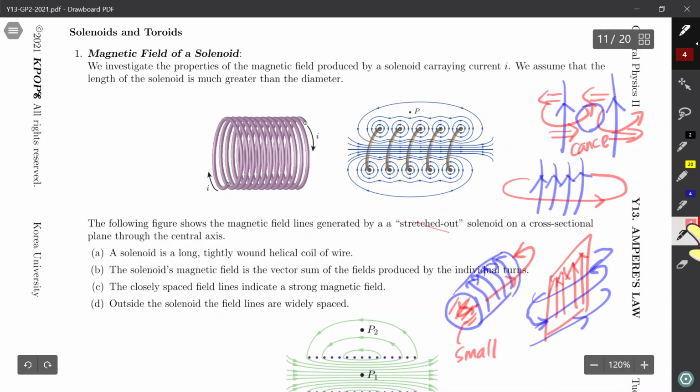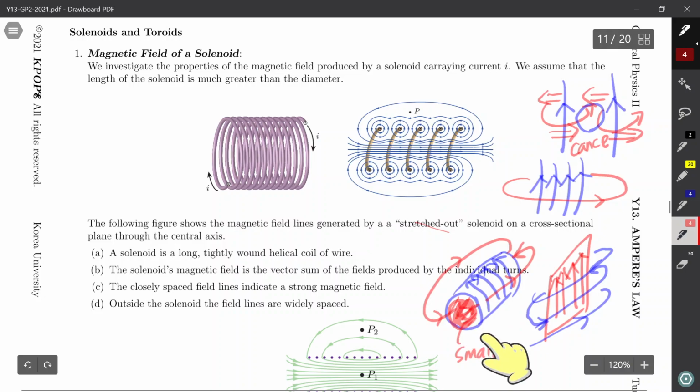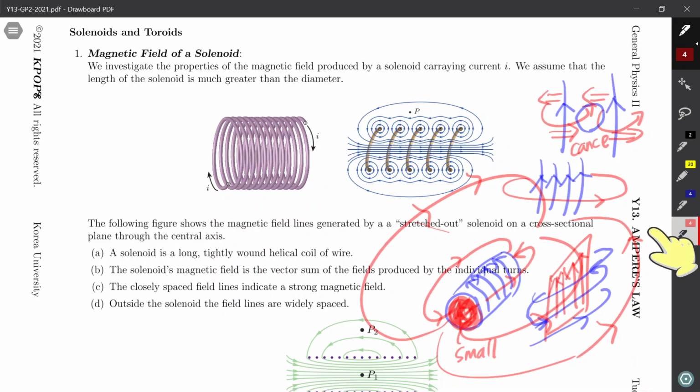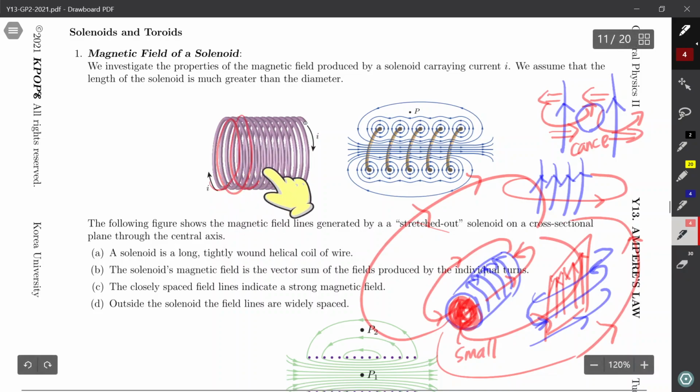So the resultant magnetic field is concentrated inside, and outside the magnitude is much weaker. In the ideal case it is concentrated inside and vanishes outside. We can make use of Ampere's law to find the magnetic field inside the solenoid, that is like this.